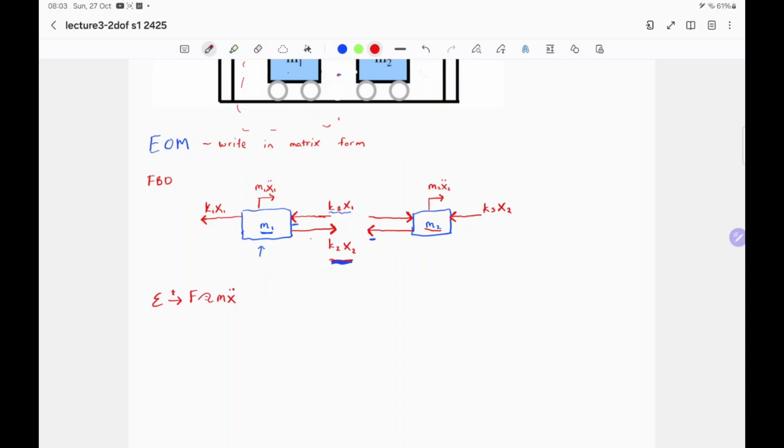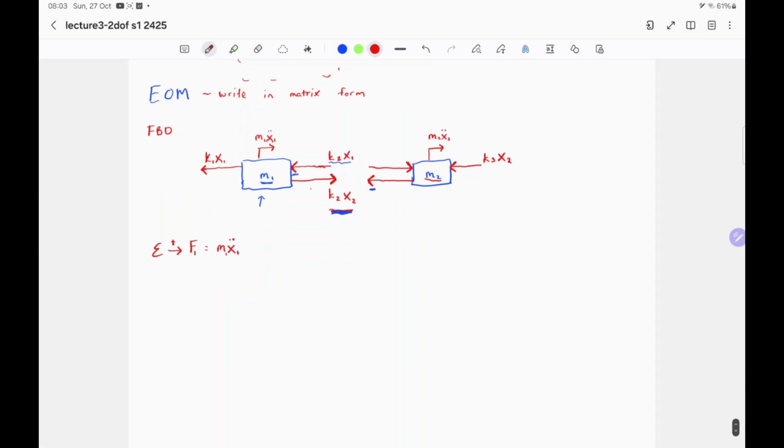So sigma f is m1 x double dot 1, going to the right is positive. So let's consider everything that we see in here. m1 x double dot 1 is equal to negative k1 x1. Why negative k1 x1?